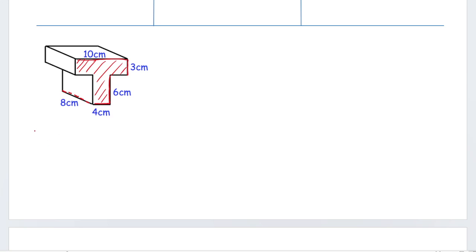But this time, let's do it separately. So in this case, area of the base, well, this one's a little complicated, isn't it? I can't really just do it with one calculation. We're going to need to chop this complex shape into 2. So let's chop along there. So area 1, area 2.